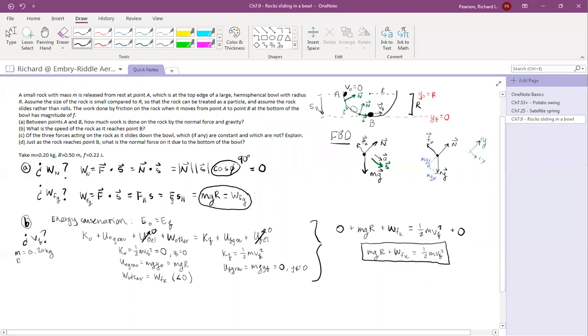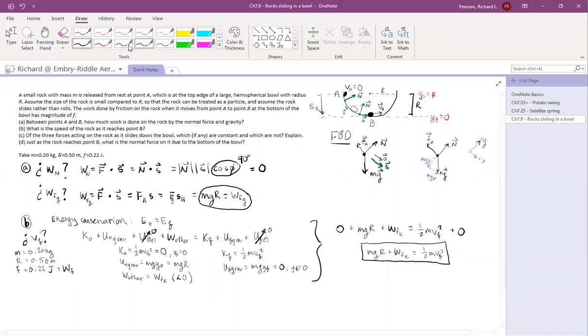We're given that the radius is 0.5, which is good because we needed this information to find A. And then we're given that the work of friction is 0.22 joules.